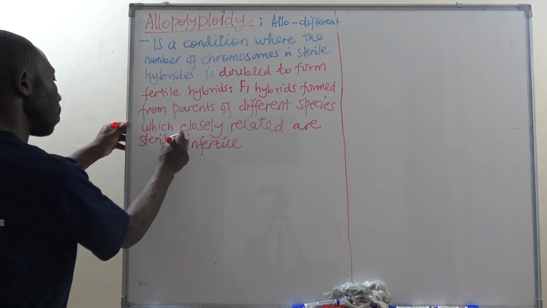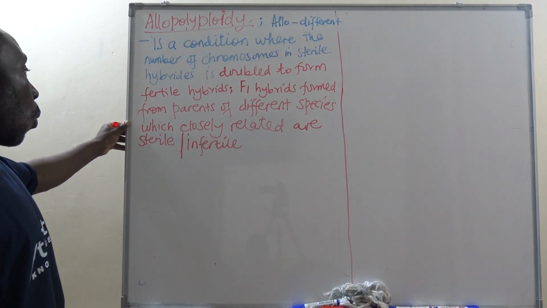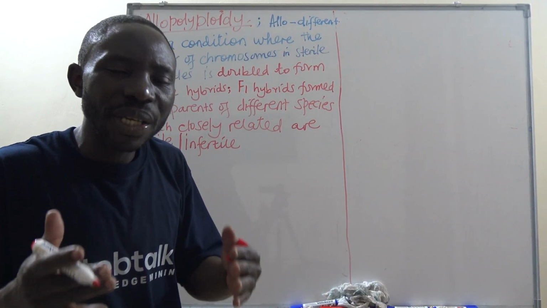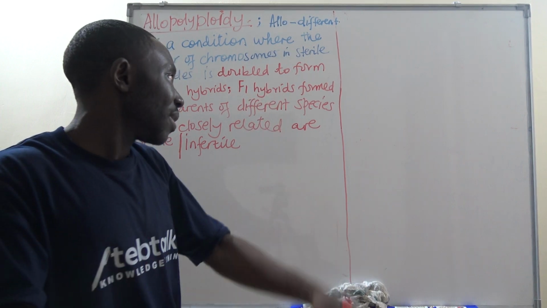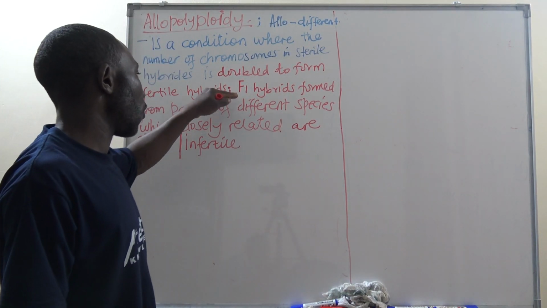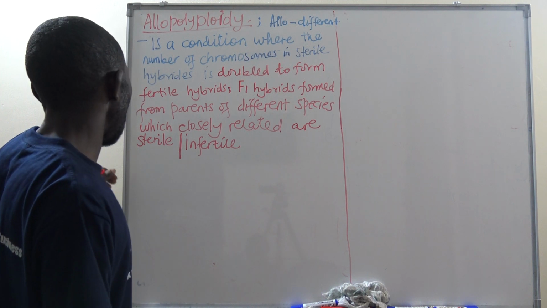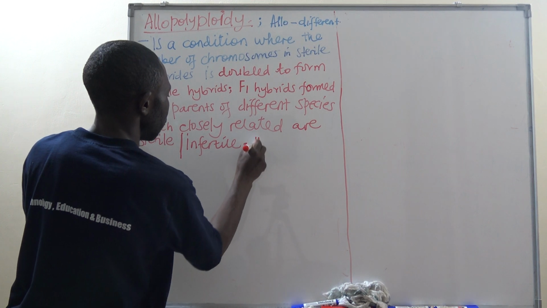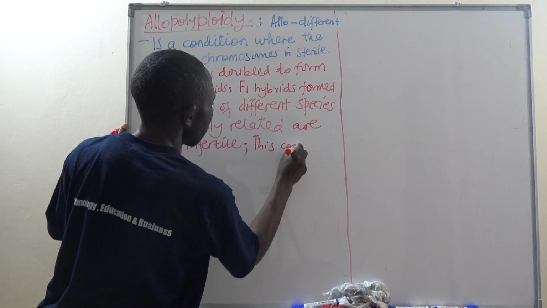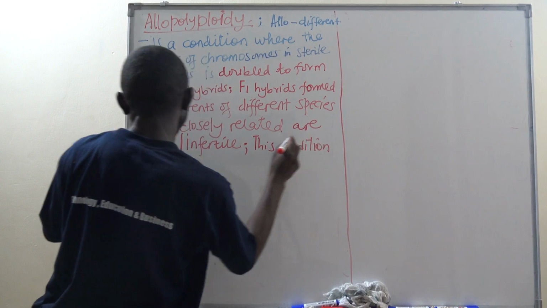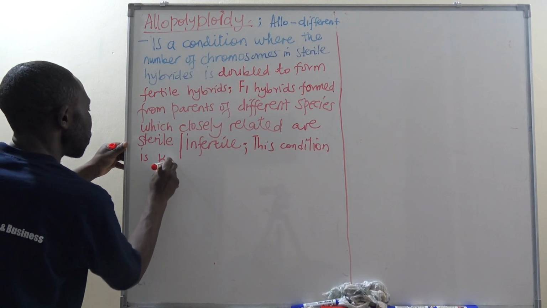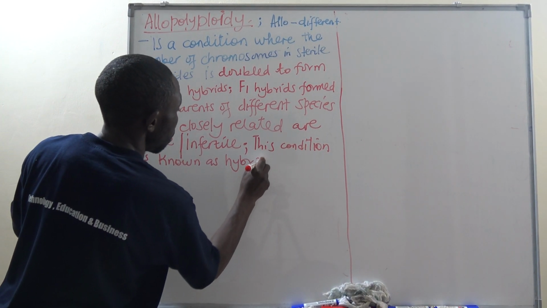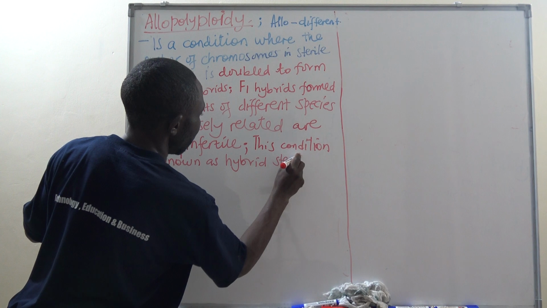That is what we know, that whenever parents of different species but which are closely related are mated, they lead to formation of F1 hybrids which are sterile. Now, this condition is known as hybrid sterility.